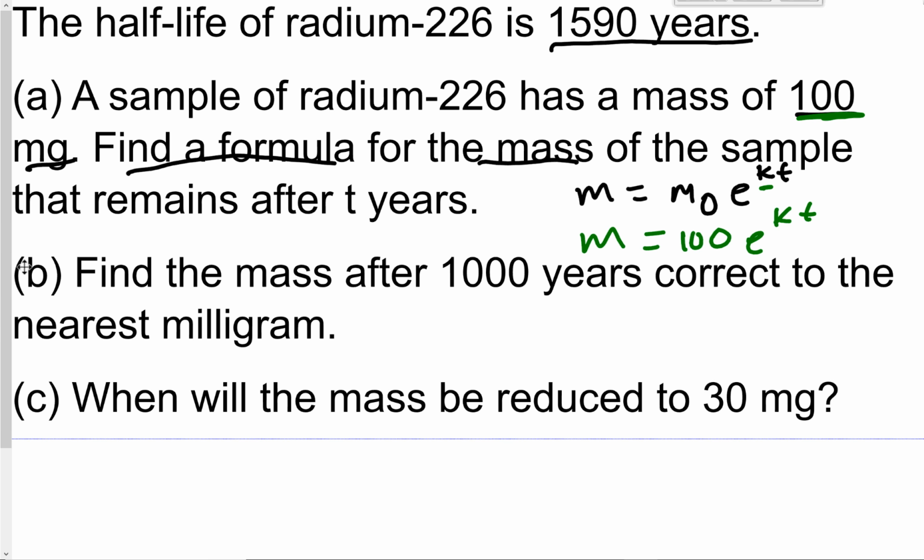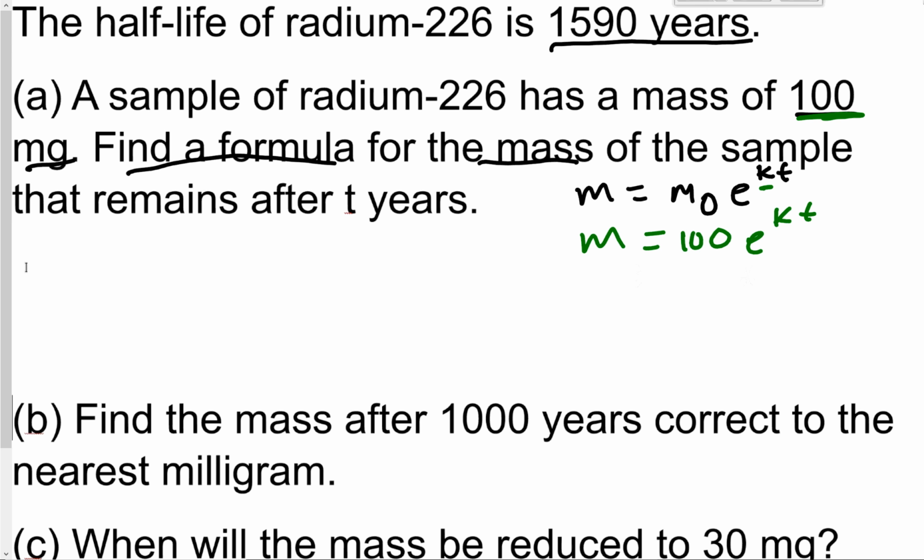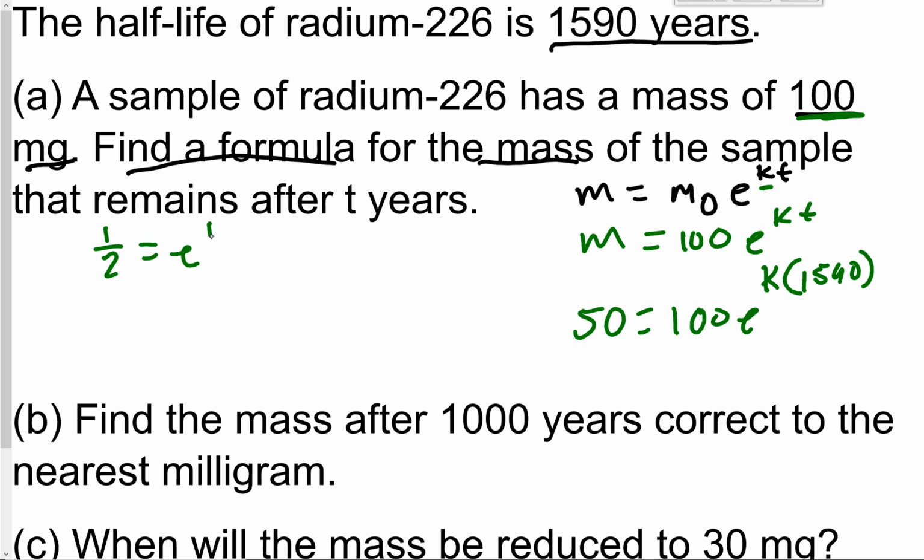So we're going to use that number as our years, 1,590, and we know after that many years that this amount of 100 is going to decrease to half. And so we can divide both sides by 100. We get 1/2. That's where the half-life comes in. We get a half of the mass.